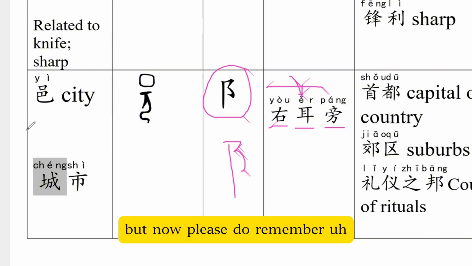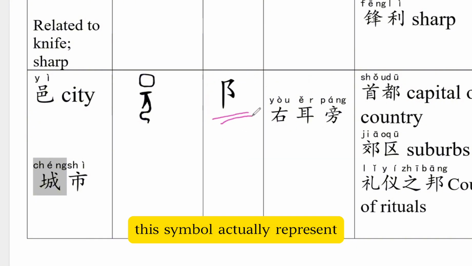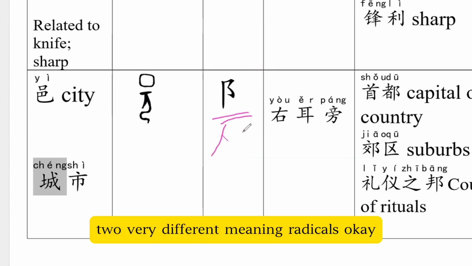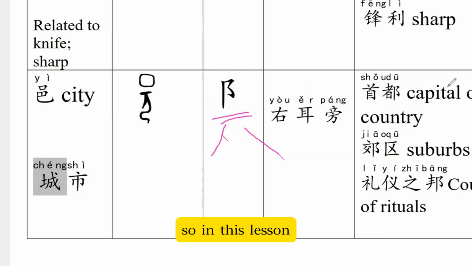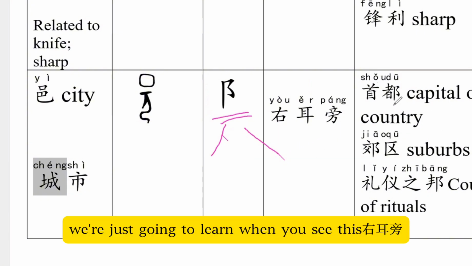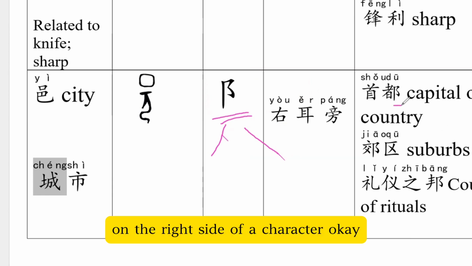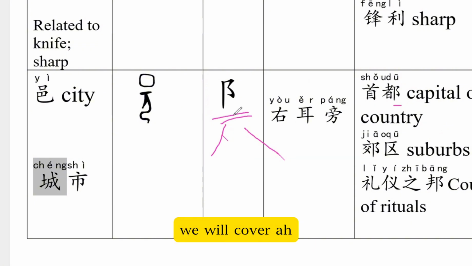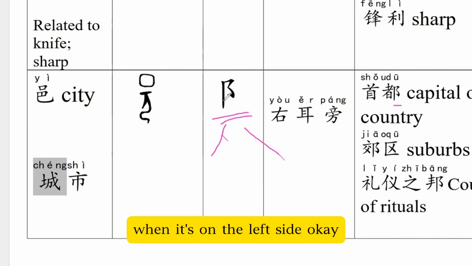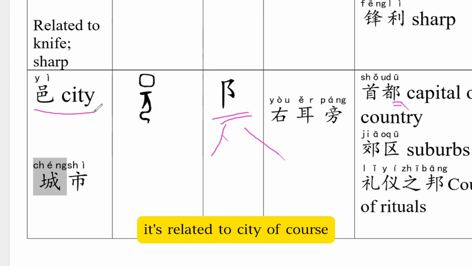But now, please do remember, this symbol actually represent two very different meaning radicals. Okay, so in this lesson, we're just going to learn when you see this 右耳旁 on the right side of a character. Okay, in the future, we will cover what does it mean when it's on the left side. Okay, so on the right side, it's related to city, of course.